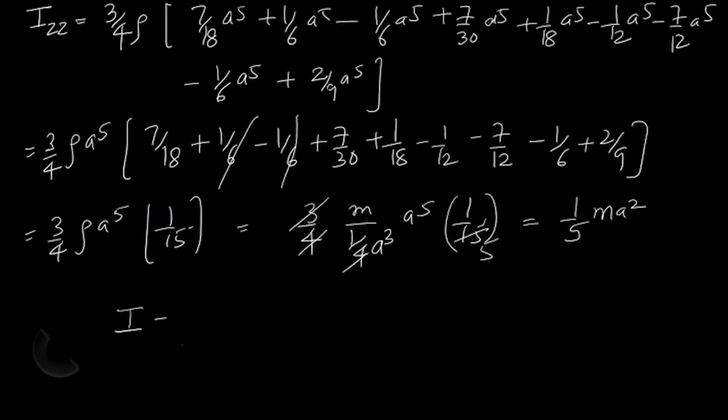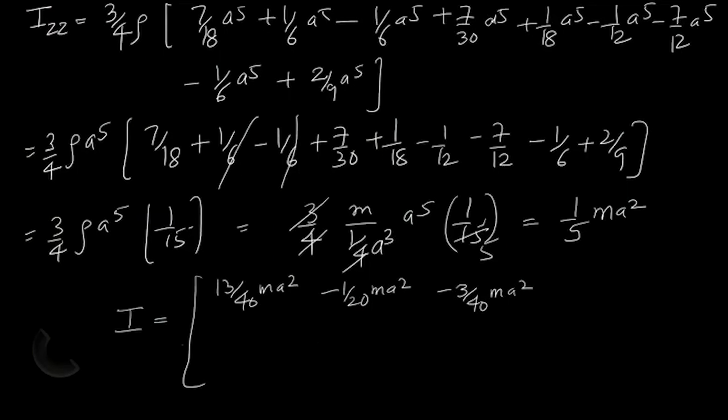So let's write the moment of inertia tensor now. So Ixx is 13 over 40 m a squared, Ixy is minus 1 over 20 m a squared, and then Ixz is minus 3 over 40 m a squared.